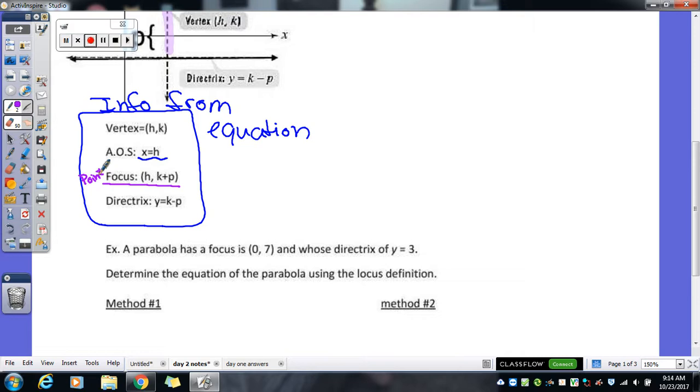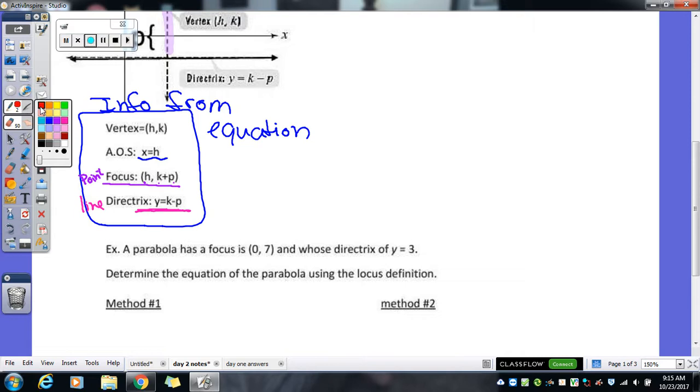So whatever your h value is from your vertex, the focus has that same number, and then it's the k plus the p, which p is the distance between your focus and your vertex. And then the directrix is the line y equals k minus p. So remember your directrix is below your vertex, unless it's an upside down parabola, but we'll deal with that one in a minute.